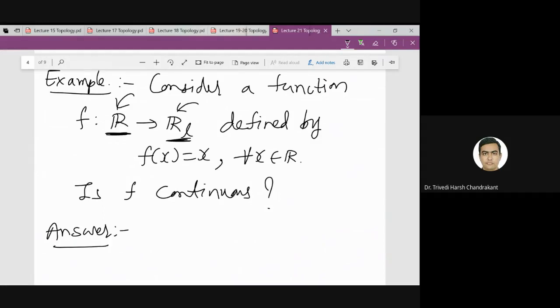The answer to this question is, we can check either that the inverse image of an open set is open, or the other way, that the inverse image of a basis element is open. Since we know the basis elements of RL, let us check whether the inverse image of a basis element is open or not.